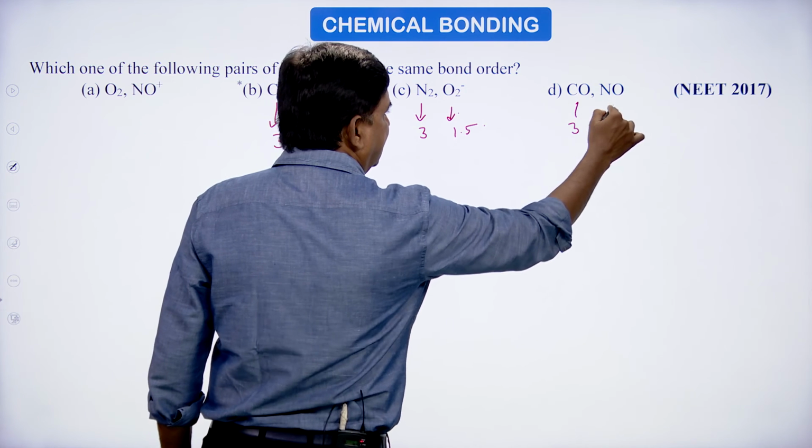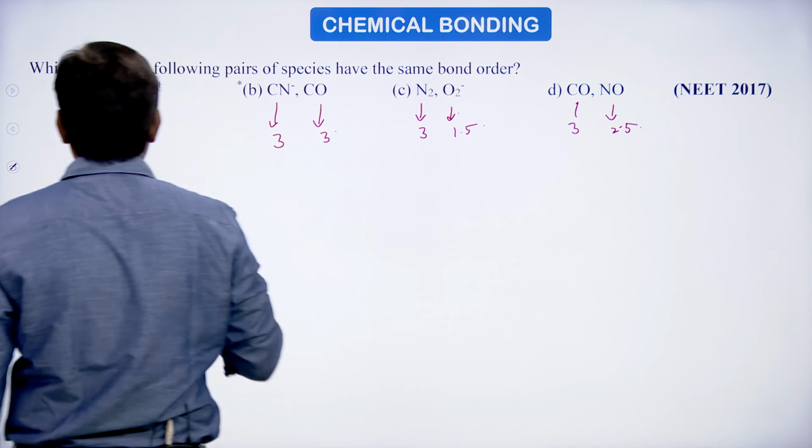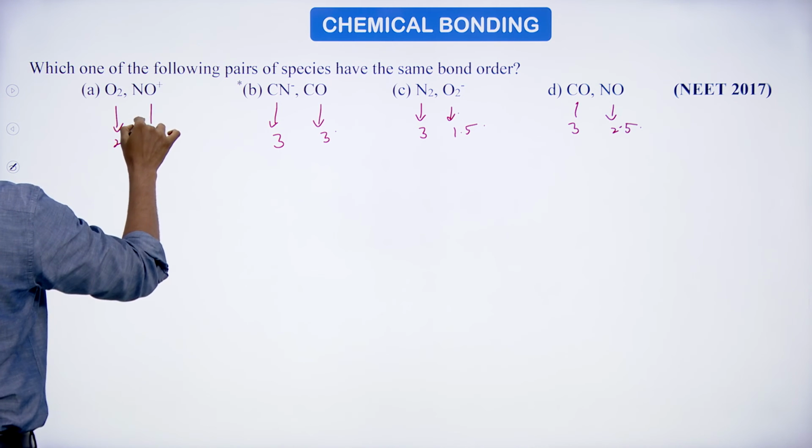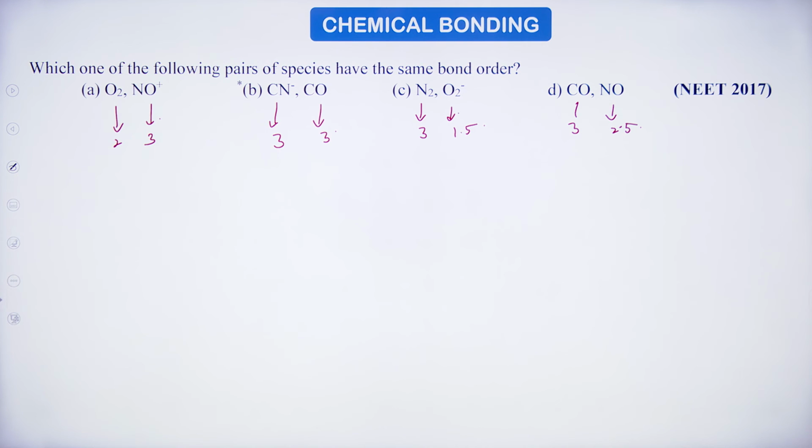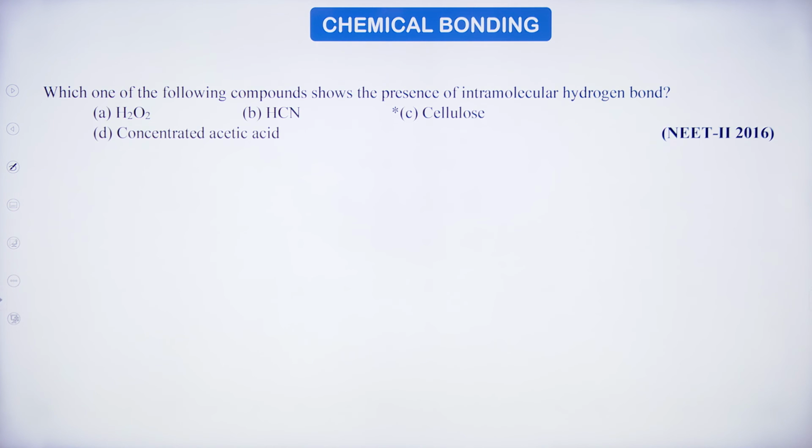CO is 3 and this is 2.5 and this is 2 and NO plus is 3. So the answer would be B, students.